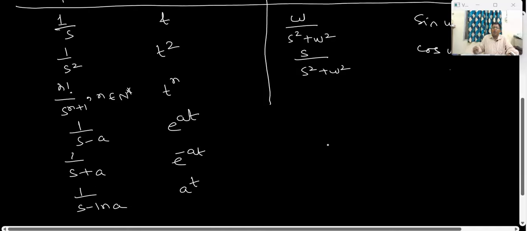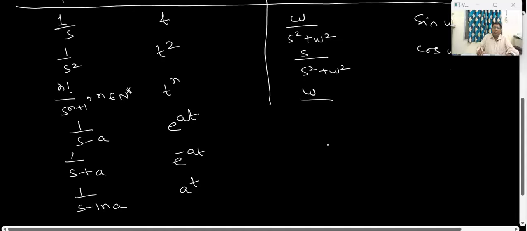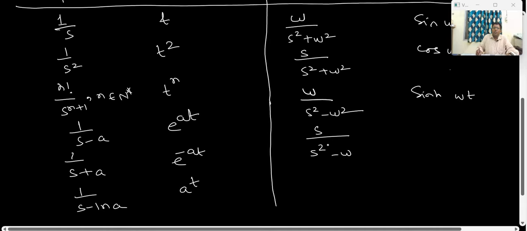Likewise, for the hyperbolic functions, omega by s square minus omega square gives sine hyperbolic omega t. If it is s by s square minus omega square, then it is cos hyperbolic omega t.